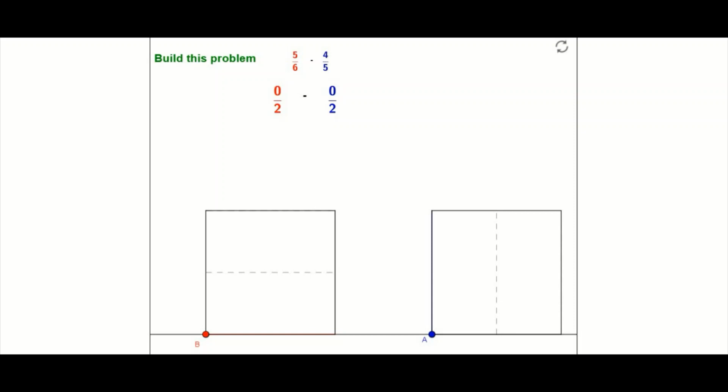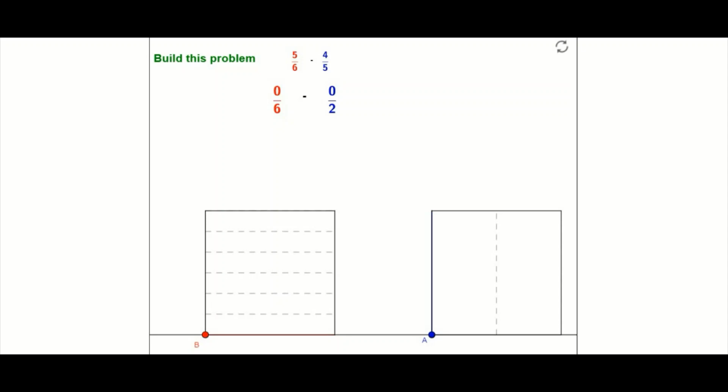So I need to divide this rectangle into 6 equal parts, because the denominator tells you how many equal parts you need. So let's begin. I have 2 already, so I'm going to just add 4 more to it. 3, 4, 5, 6.